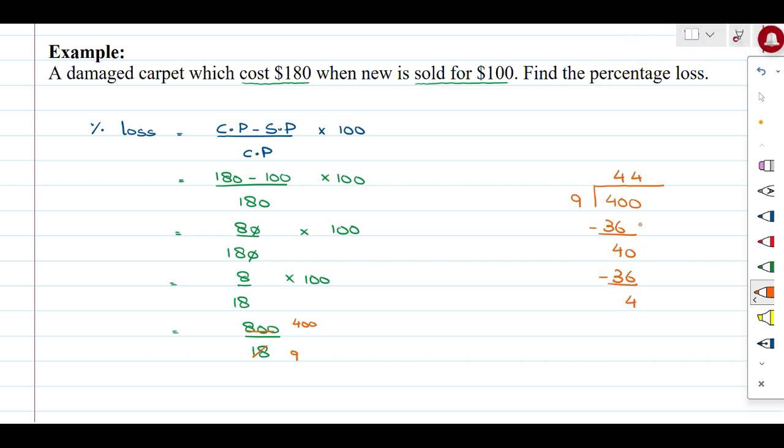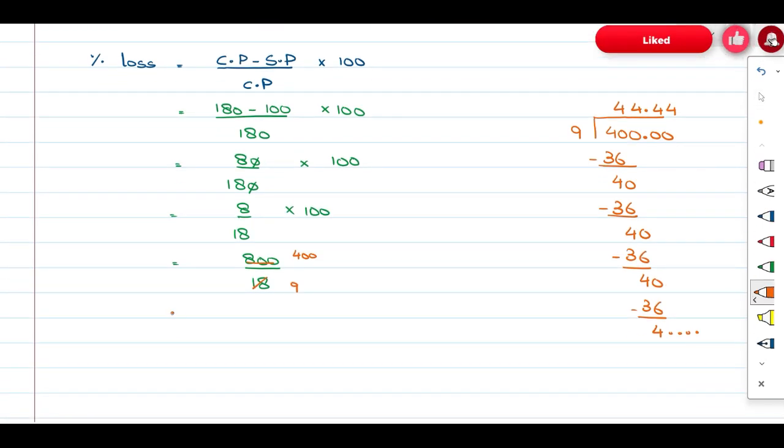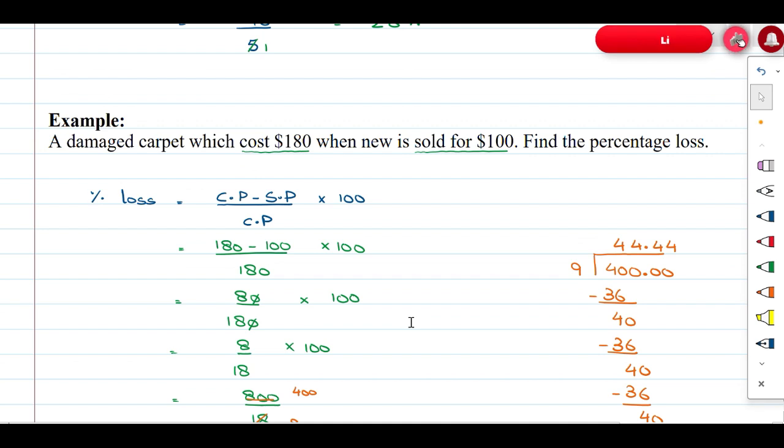Subtract, 4 is left, a decimal, a 0, bring the 0 down again. 9 times 4 is 36. When you subtract, 4 is the remainder, again a 0, bring that 0 down. 9 times 4 is 36, and so on. So this is 4 recurring basically. So the percentage loss in this case is 44.4 recurring percent.